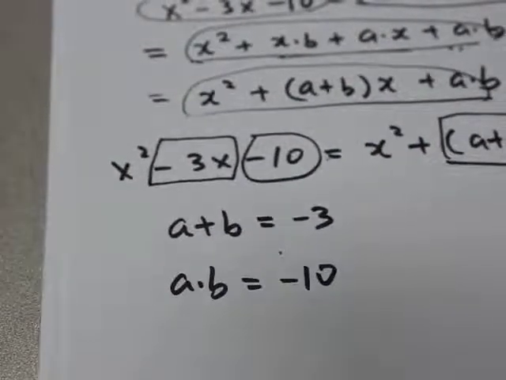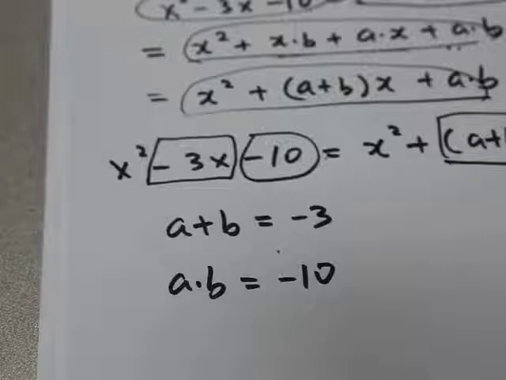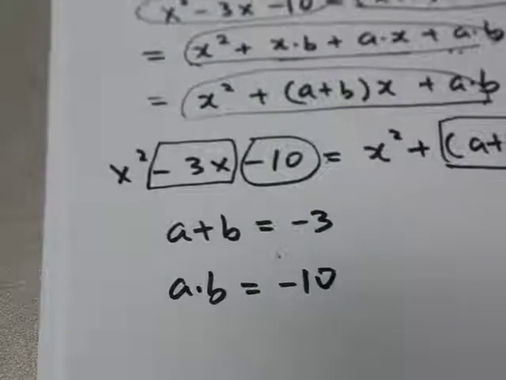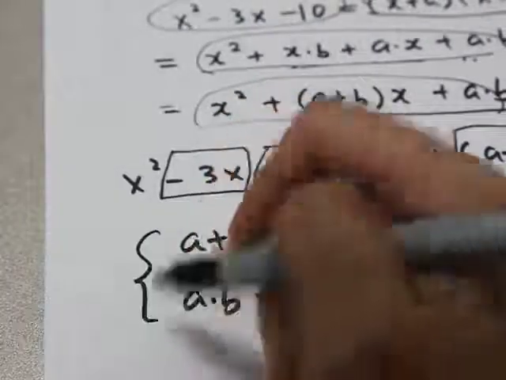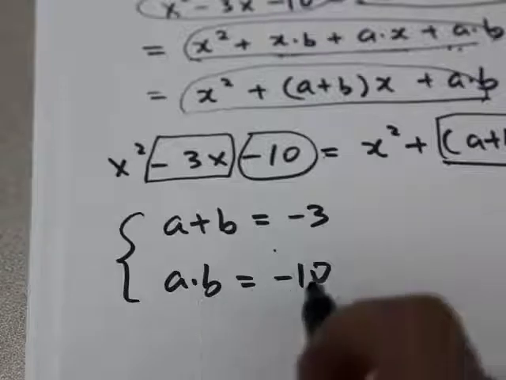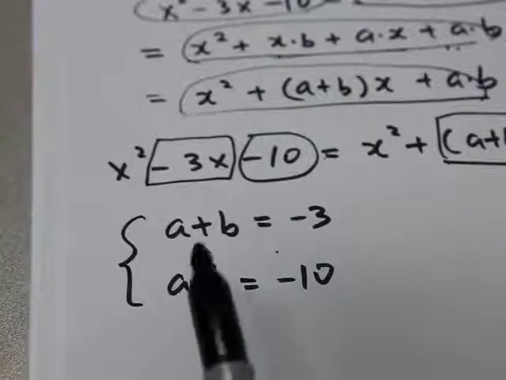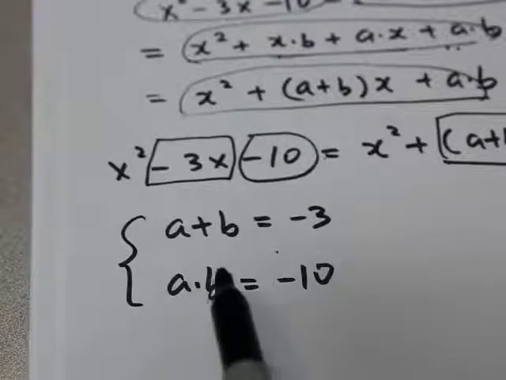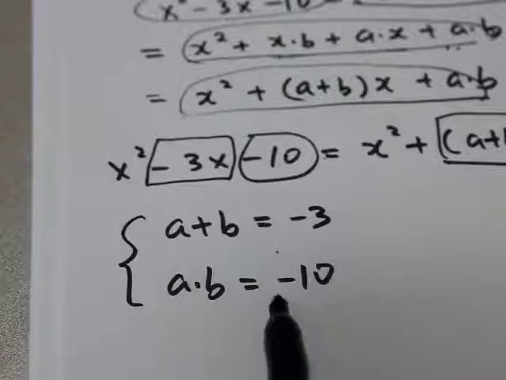Then you may say, oh, we know their relationship, but we still don't know what these two numbers are. To find these two numbers, we need to think about which two numbers are going to satisfy these two conditions.